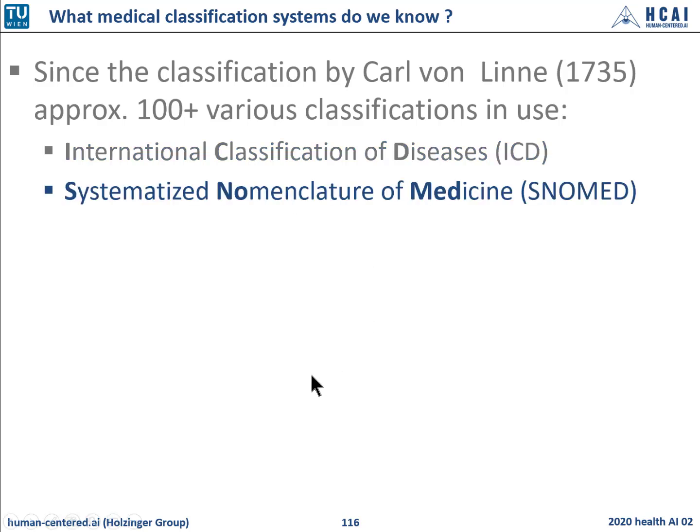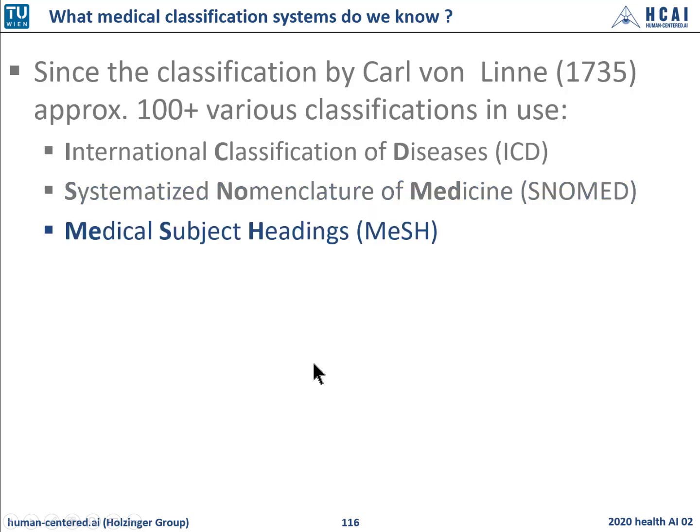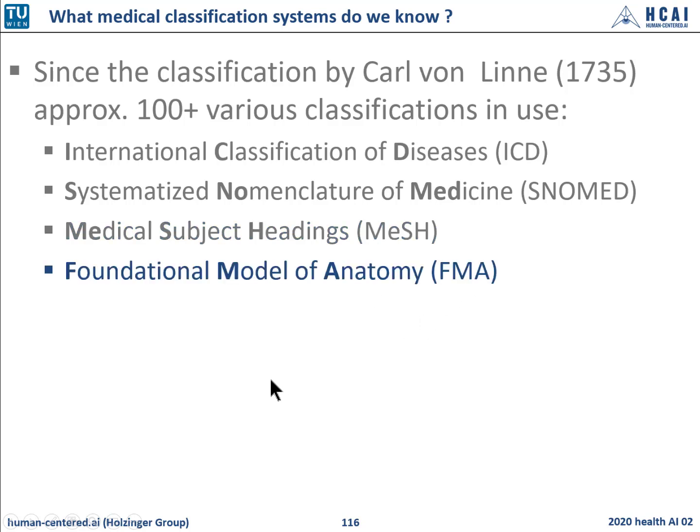Okay, then the next is the SNOMED. SNOMED, nothing to do with snow. It is instead an abbreviation for Systematized Nomenclature of Medicine. Then we have the Medical Subject Headings, the MeSH. Then we have the Foundational Model of Anatomy, FMA. And we have already heard about the Gene Ontology, GO.